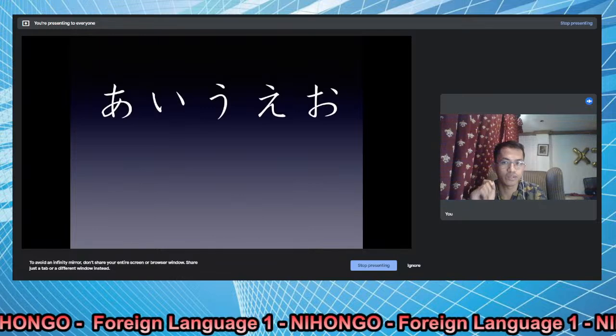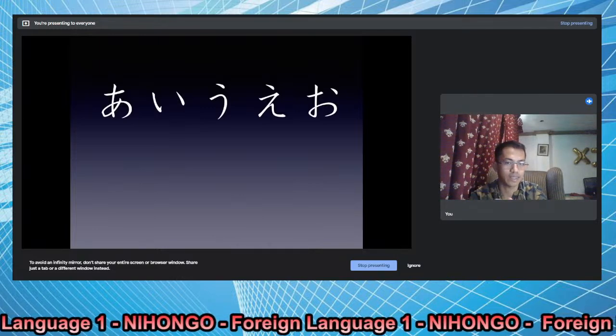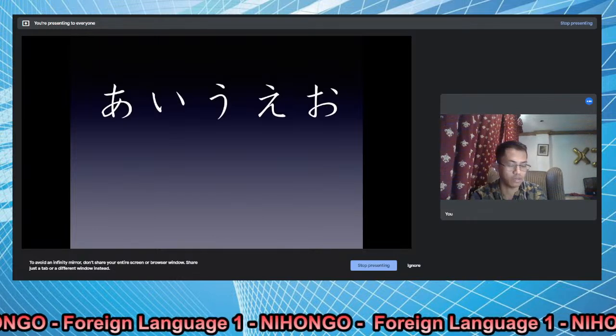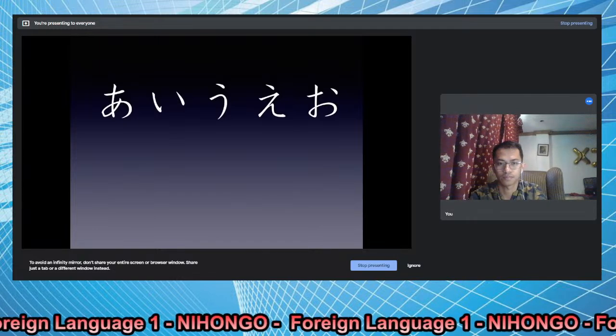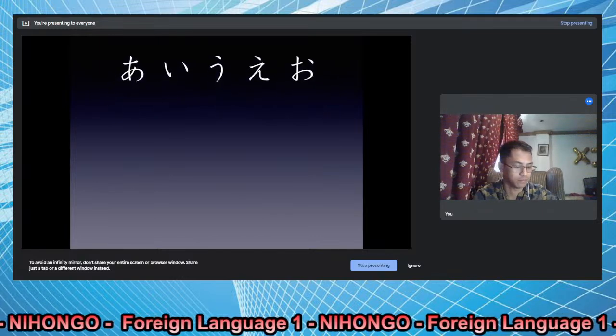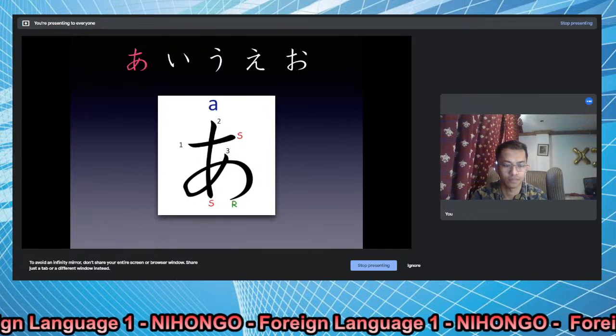So again, we're going to discuss these hiragana characters: A, I, U, E, O. For each letter, you will see a hiragana model like this one.